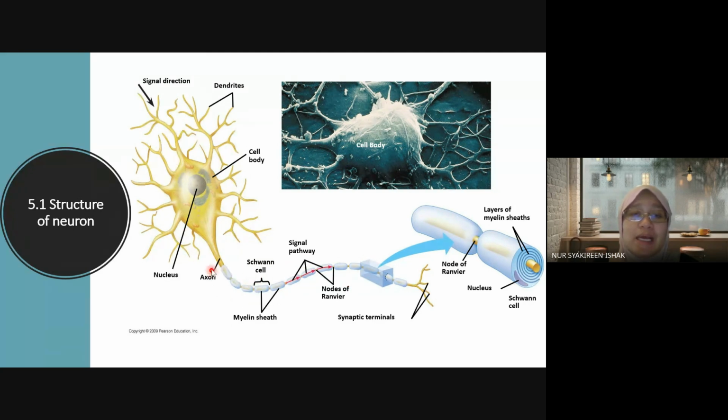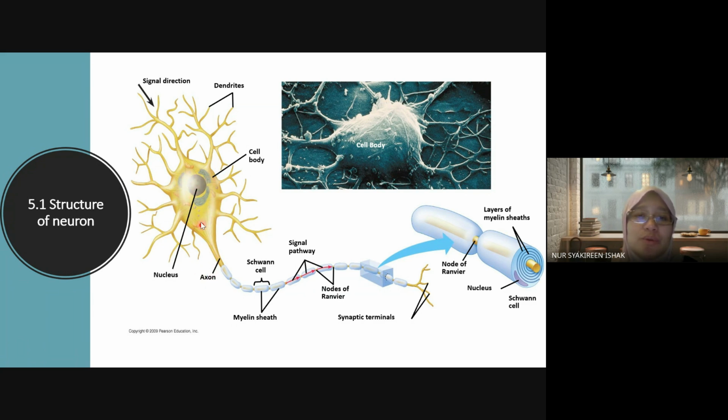The axon is where the impulse will be generated. In order to generate the impulse, it needs voltage gated channels along here. Now the cell body: it has the nucleus, it has all the organelles, the endoplasmic reticulum, the Golgi body, the mitochondria. As you can see, yang garis-garis ni the cytoskeletons.